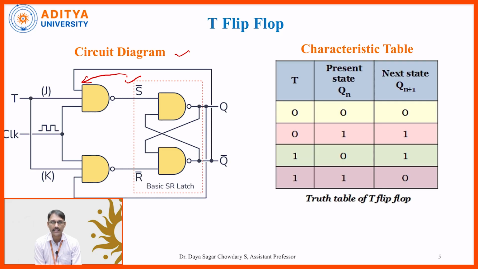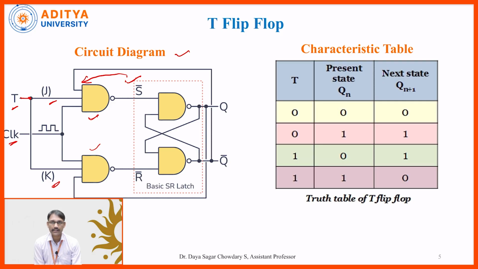When both inputs J and K are connected to a single input, we call that input T. Now the entire flip-flop is converted into a T flip-flop, that is, a toggling flip-flop. The clock signal is connected to both the NAND gates, and finally the entire circuit is drawn as usual.